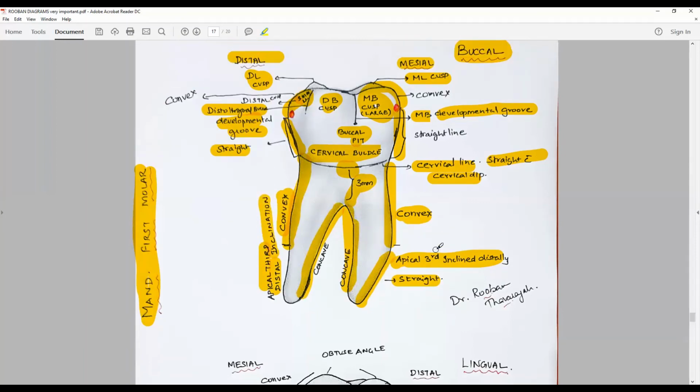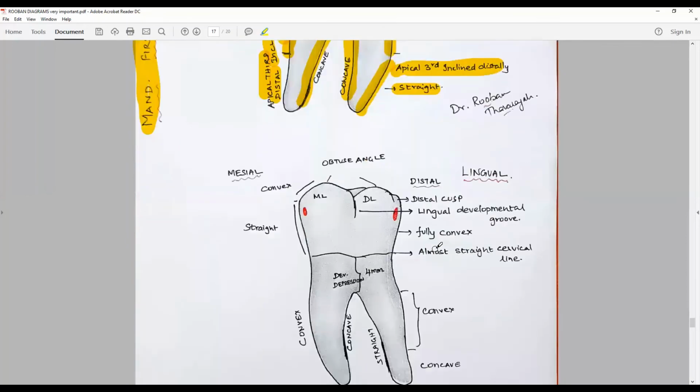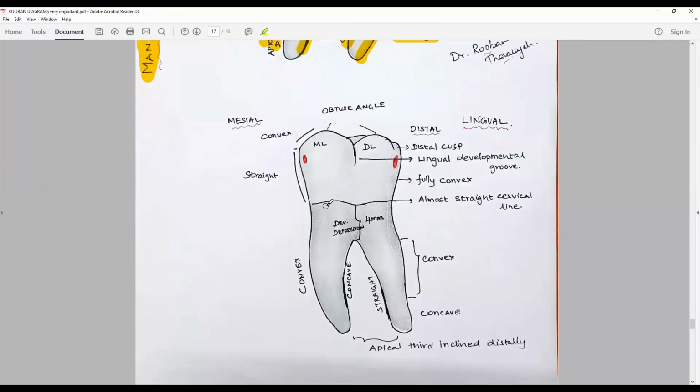So that is very clear, the buccal surface. Then comes the lingual surface, which is slightly different. We see the mesiolingual, distolingual, and a prominent mesial marginal ridge. Here the cervical line along the mesial surface is straight till the contact area, then convex, where the mesiolingual cusp tip is formed at an obtuse angle.